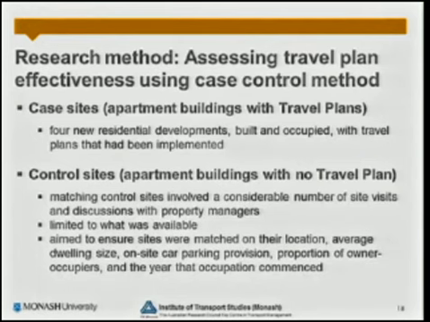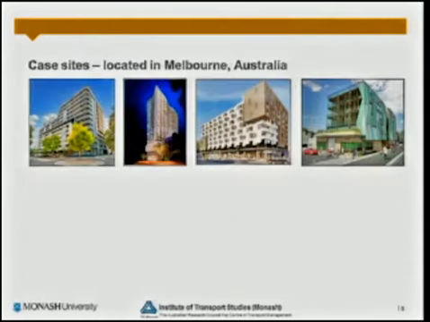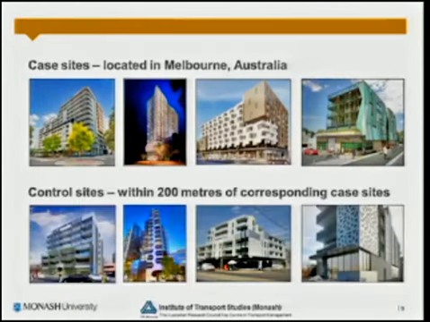Similar in terms of on-site parking provision, the proportion of owner-occupiers, and also the year that the building was occupied. The 4 case sites ranged from about 5 to multi-storey developments, and the control sites, as I said, were all within 200 metres of those case sites.